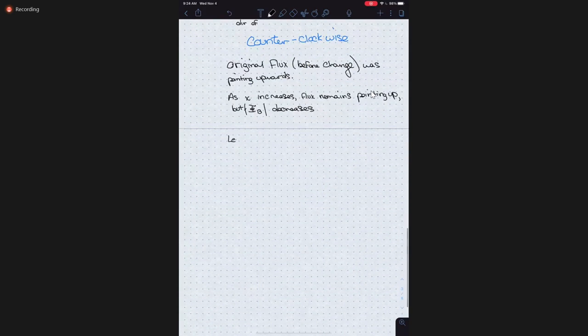So Lenz's law says the induced B from the small loop will oppose this change, meaning that B induced will point up.